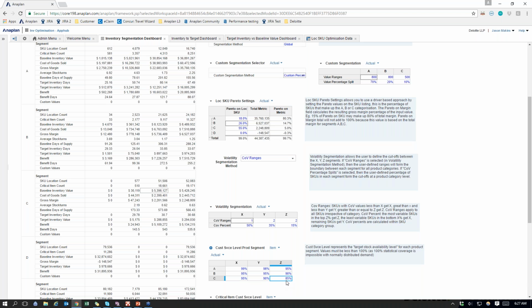So if I only set that at 85%, you can see my target inventory value, so that's my safety stock and cycle stock, is coming down quite easily. It's this sort of analysis where you have a version and you're able to pull some of these levers and sensitize some of your inventory and some of your supply chain. That's incredibly powerful when you have this sort of capability in real time and in a way that you can easily interact with it.